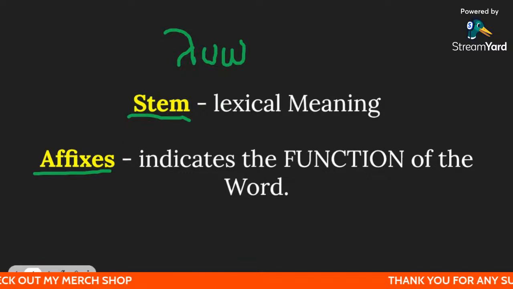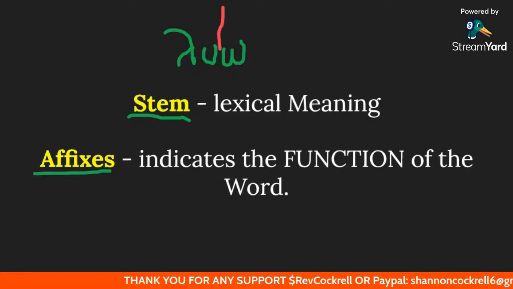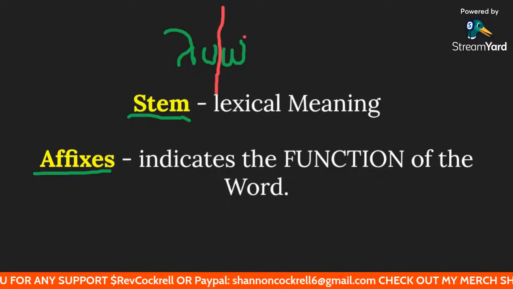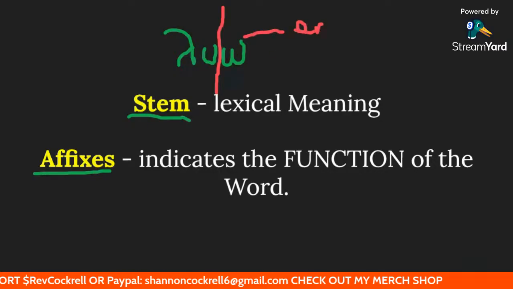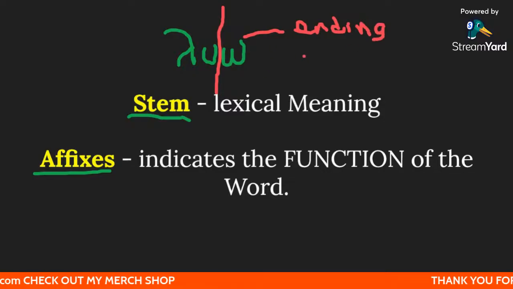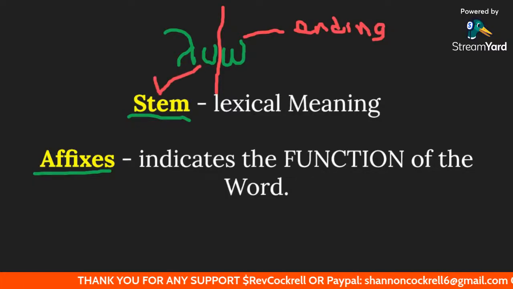How do you find your stem? You're going to cut off the ending. We'll learn the endings in later lessons. This is what's called an ending. This is your person-number suffix. This is the stem.